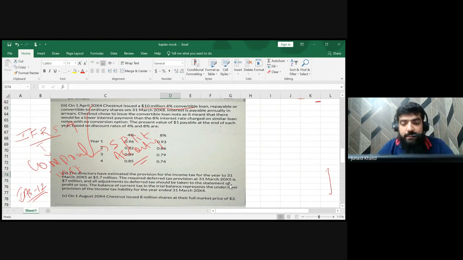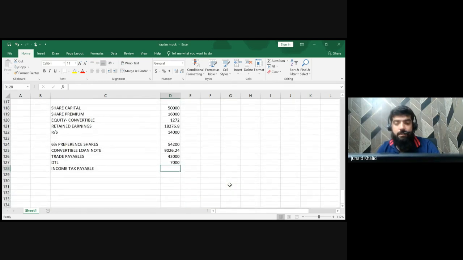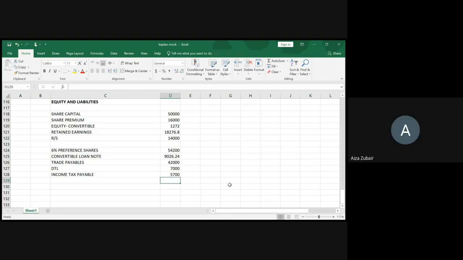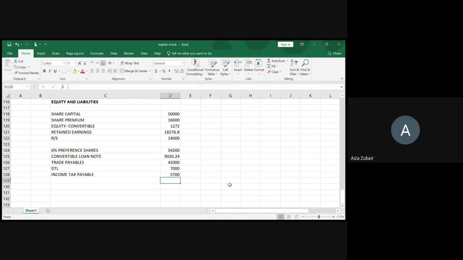So the current tax for the year is 5,700. Yes, 5,700. So this will be recorded as 5,700. Are you getting a point? Yes. Any other liability or adjustment that we need to make? I think that's all.